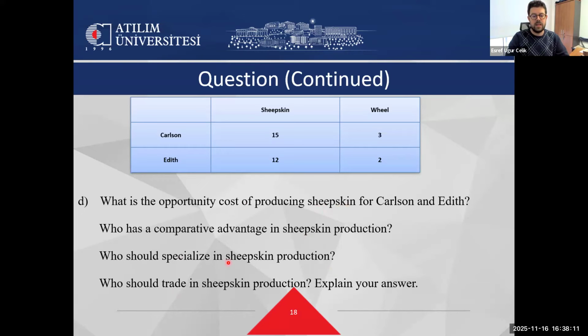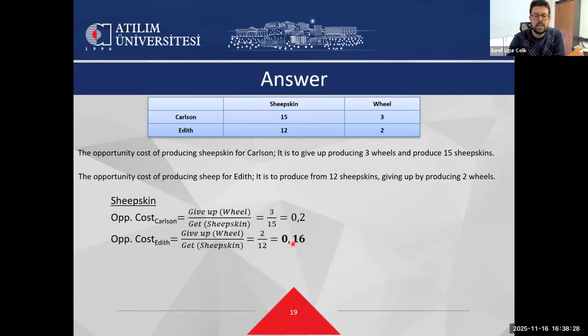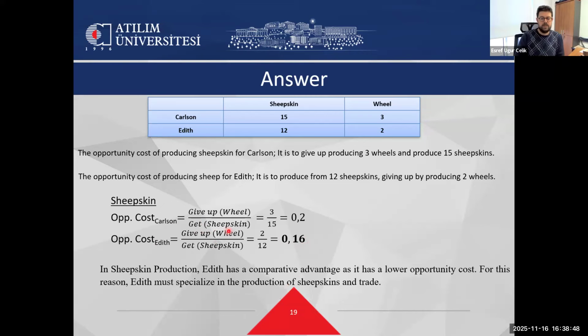This time, Edith gets the less opportunity cost, so Edith has a comparative advantage on what we get, sheepskin production. And I said the winner of comparative advantage also gets the specialization and trade.